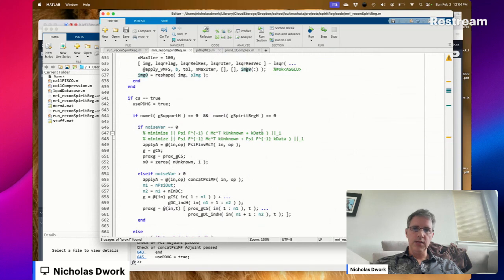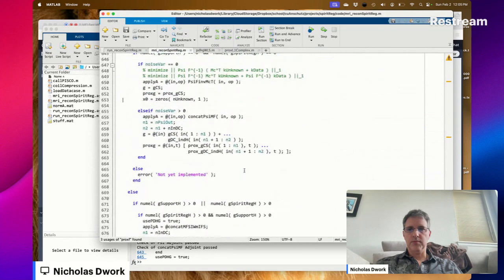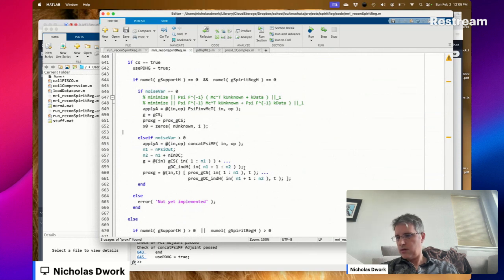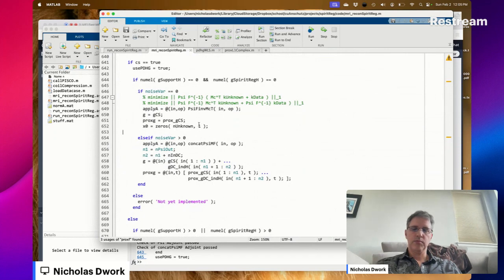This is the problem that we're solving. Minimize the L1 norm of psi times F inverse times MC transpose times K unknown plus K data. We sent that through PDHD, and it came out with a good answer.